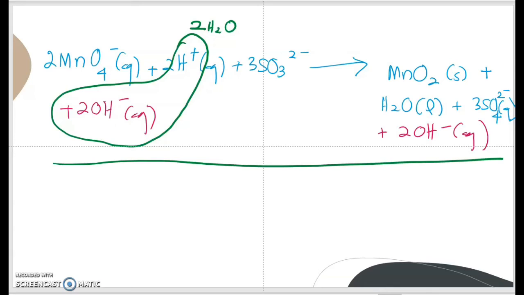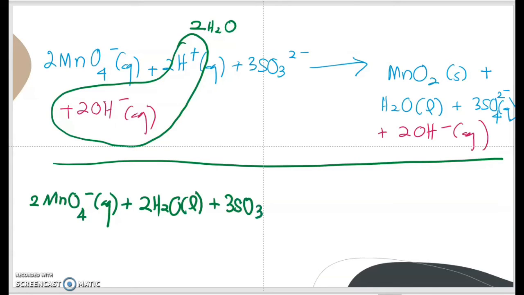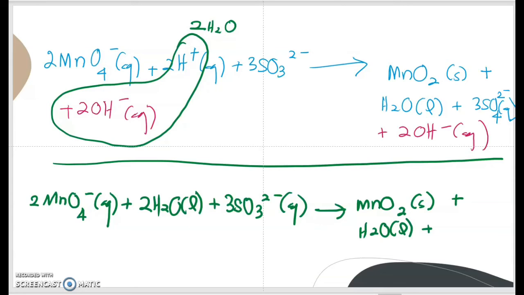So now we will have 2 MnO4 negative plus 2 mole of water plus 3 SO3 2 negative produce MnO2 solid plus H2O liquid plus 3SO4 2 negative plus 2OH minus.